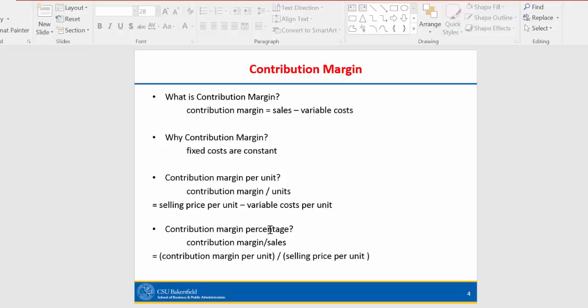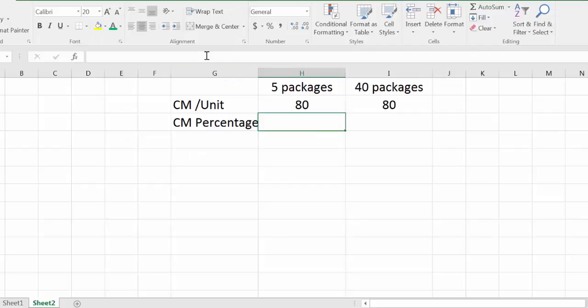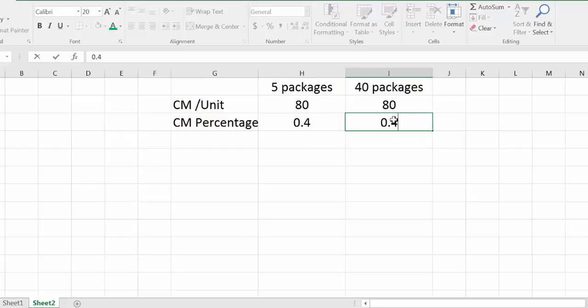We can divide contribution margin per unit, which is the one we just determined, by selling price per unit, which is $200. So we divide $80 by $200, then we get 40% or 0.4. And for 40 packages, it's the same, 40% or 0.4.